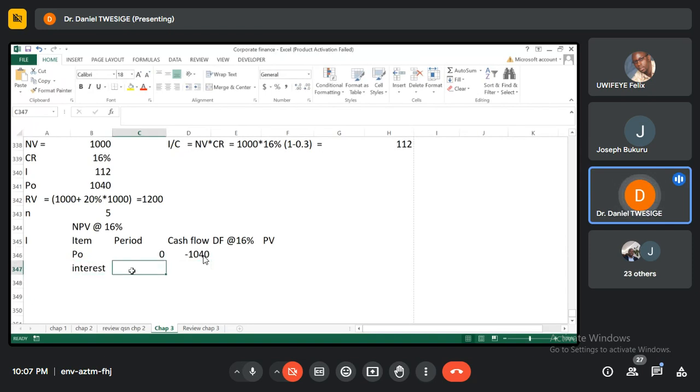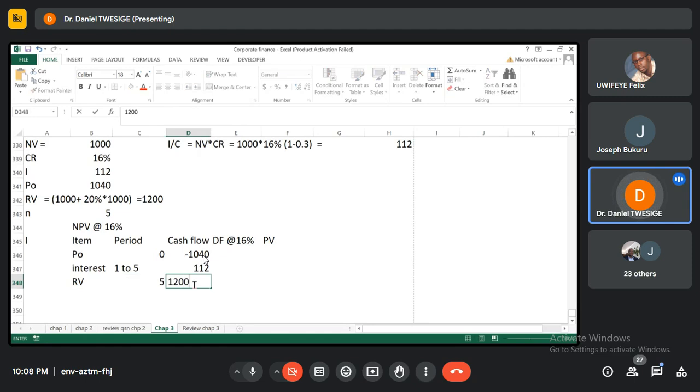My interest or the coupon is from year 1 to year 5, and it is 112. Then I have a redeemable value in year 5, the maturity, which I've calculated as 1,200.